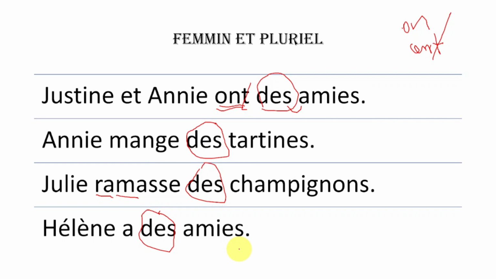You're going to have an accent, but don't let that destroy your brain. Don't let that control you. You don't want that. So, Justine et Annie ont des amis. Annie mange des tartines. Julie ramasse des champignons. Hélène a des amis.